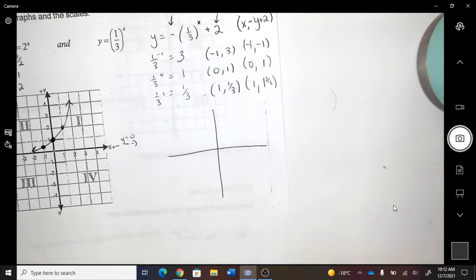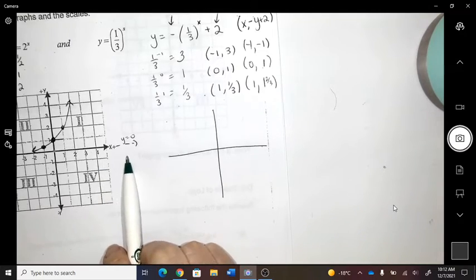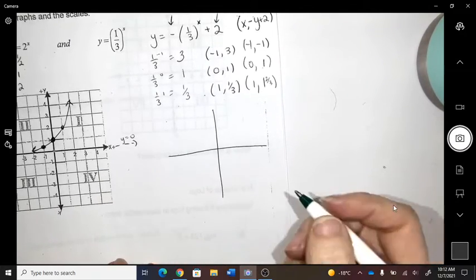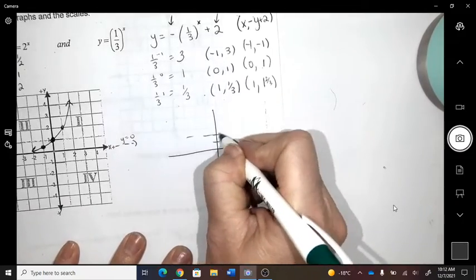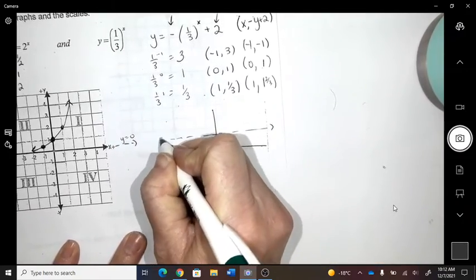What do I already know about the asymptote here? This one was y equals 0. What's this one going to be? y equals 2, because it's shifted up 2.